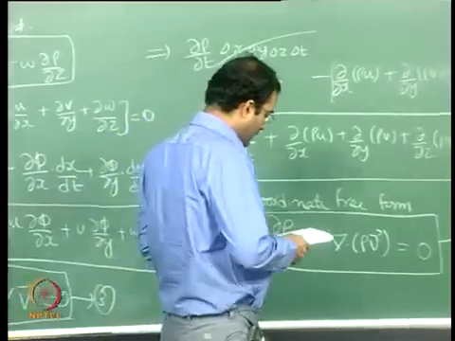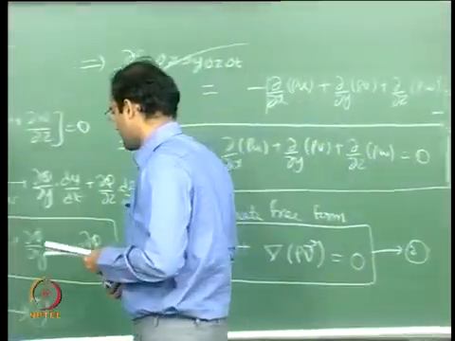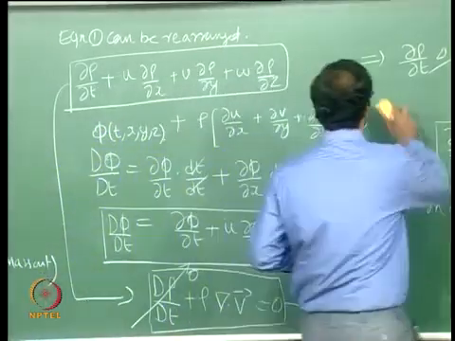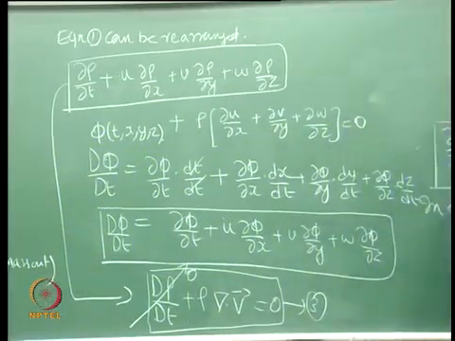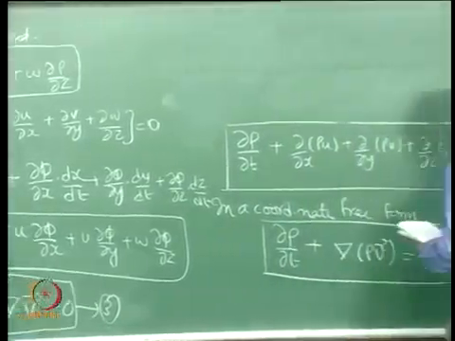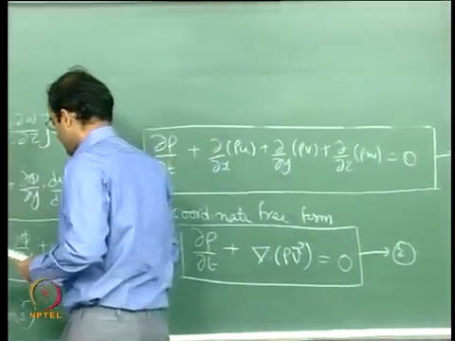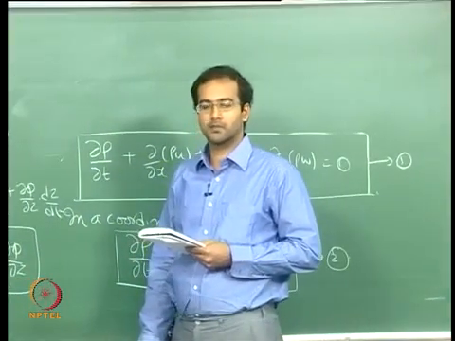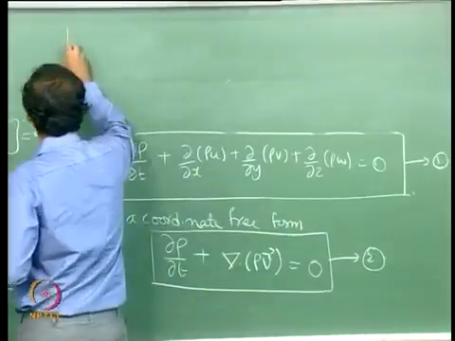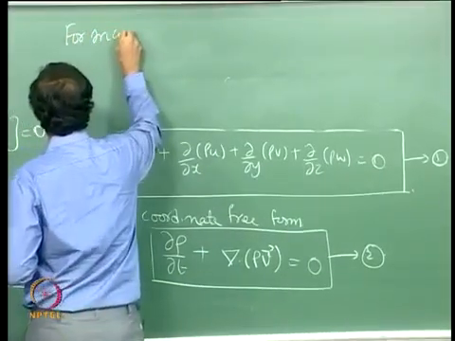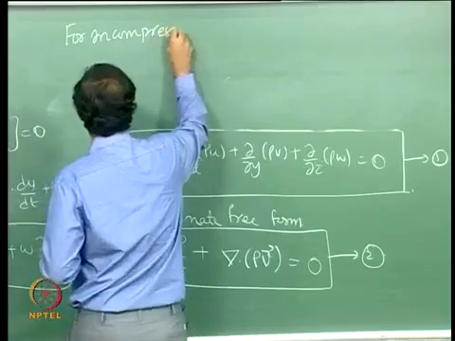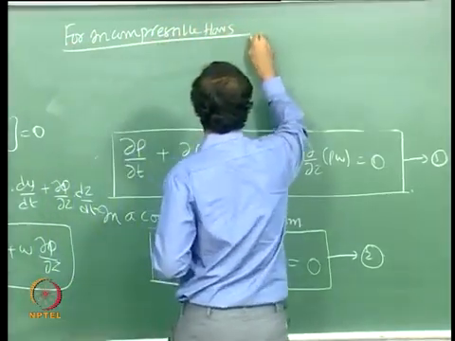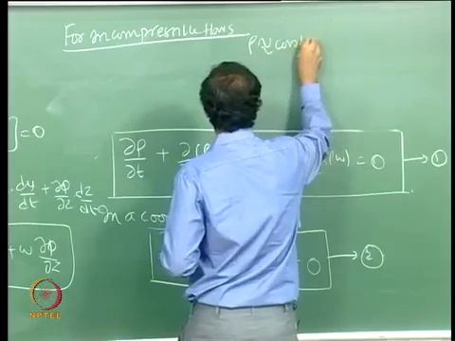And for incompressible flows you can go one step further. When you are looking at incompressible fluids where the density change is not much, or incompressible flows where your density variation is not much because of very low Mach numbers, since your density is invariant, you can assume density is constant.